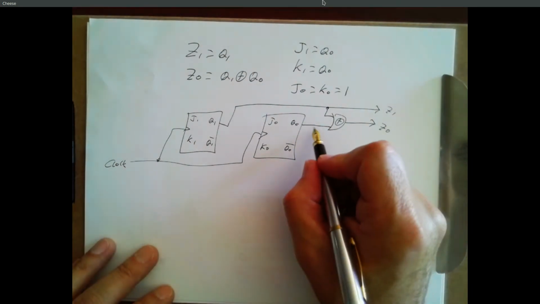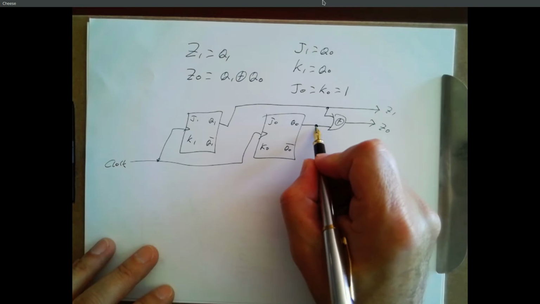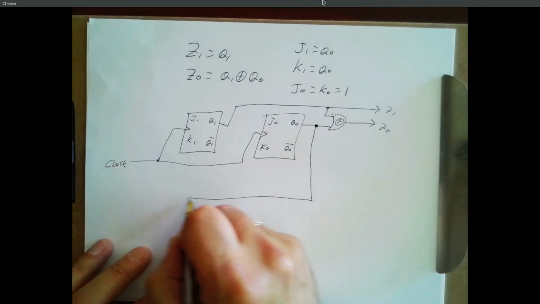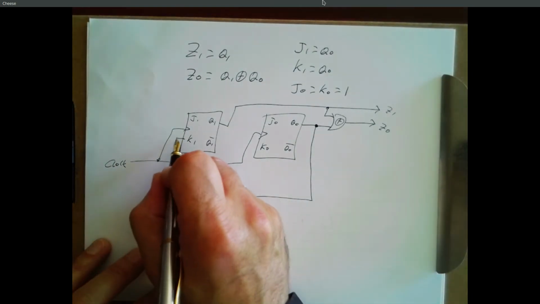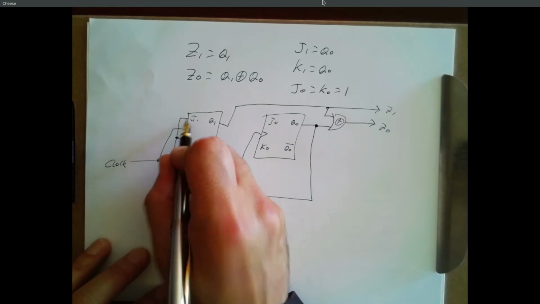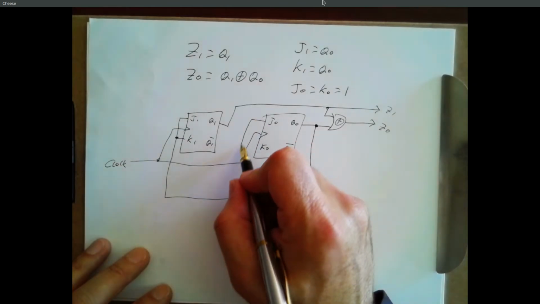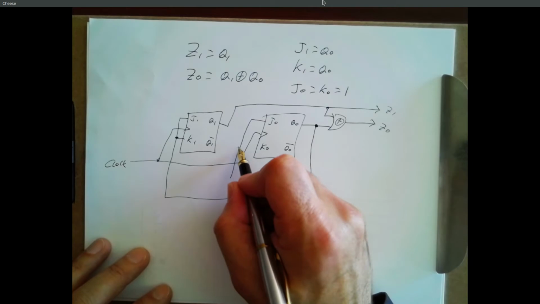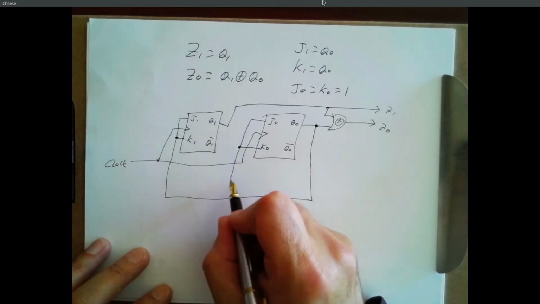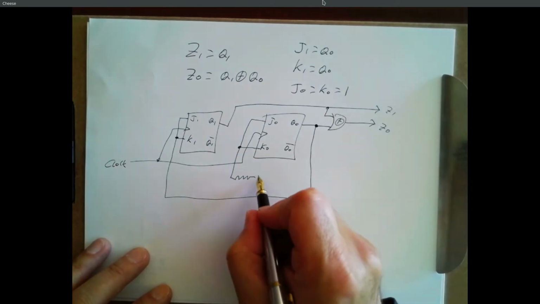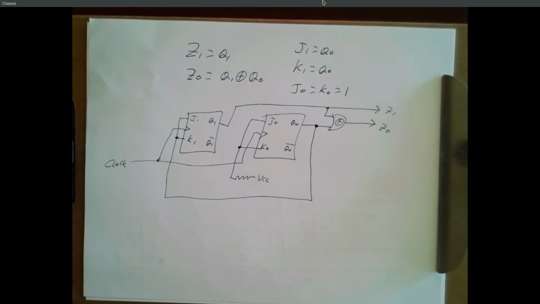And then Q0 comes around and feeds J1 and K1. And J0 and K0 go through a resistor to VCC, and that should be your whole circuit. J1, K1, J0. Yep. So there's your state machine.